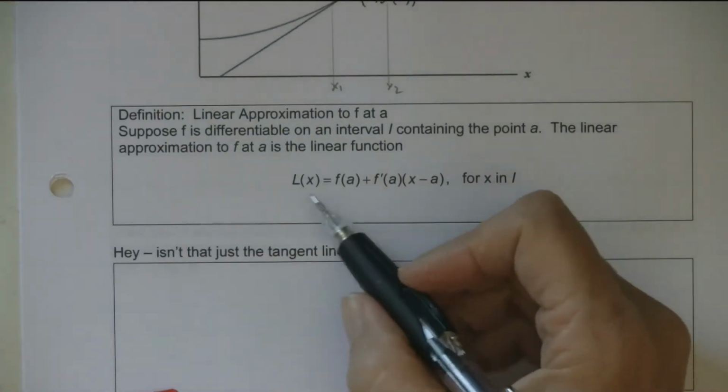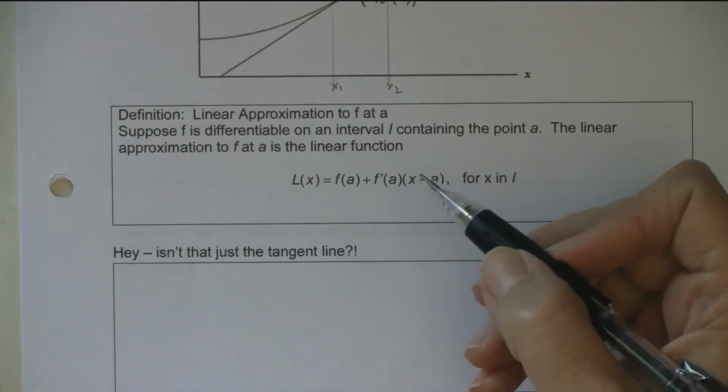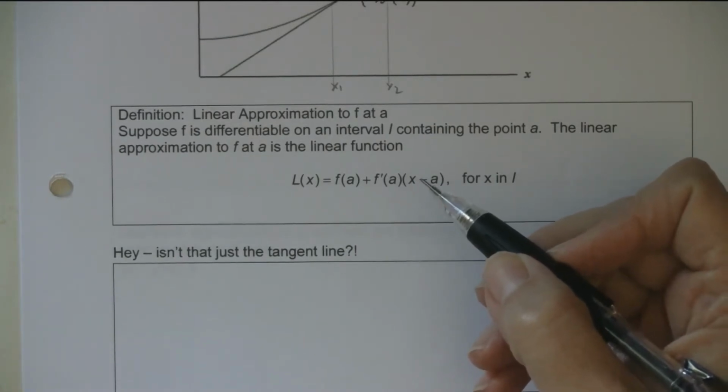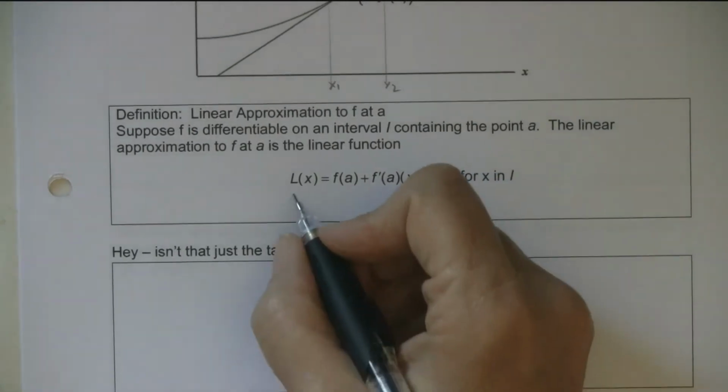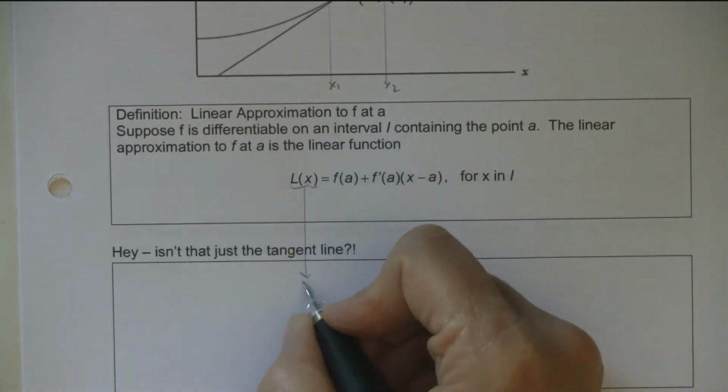And this is the formula they give for the linear approximation, and they act like, hey, this is a new thing. Look at this formula. And I say, hey to you, isn't that just the tangent line? I mean, this is the fancy way that we're going to say y here, right?